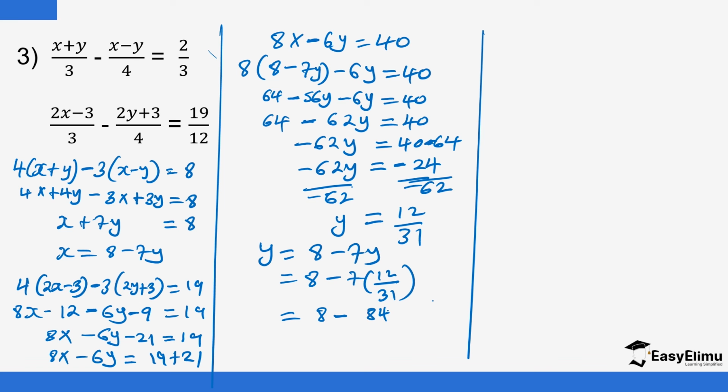So this is 84 over 31. So the LCM is 31 again. 1 goes into 31 once, and 31 by 8 is 248. So this is 248 minus 84 over 31, which is 164.